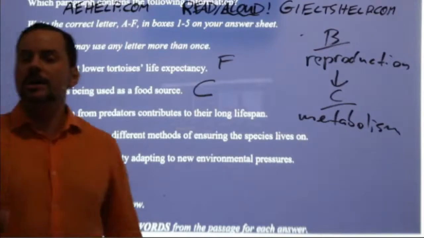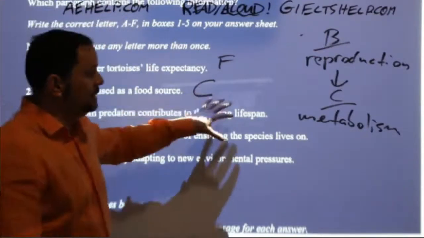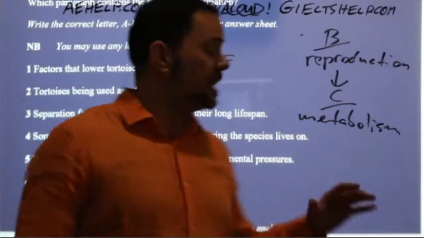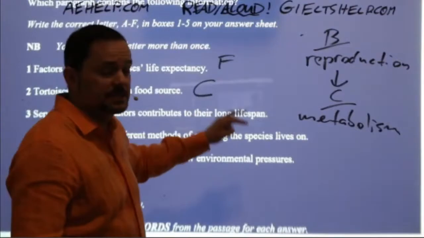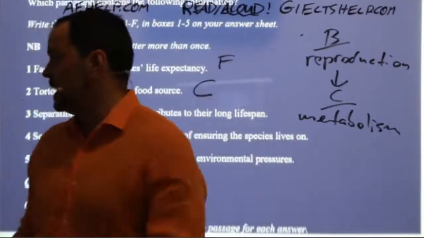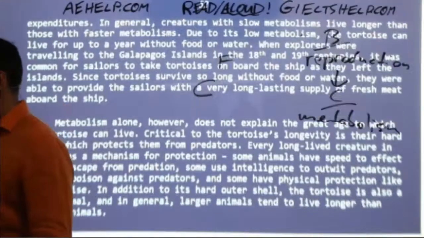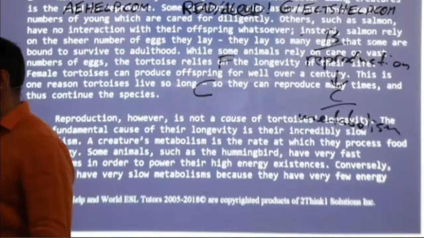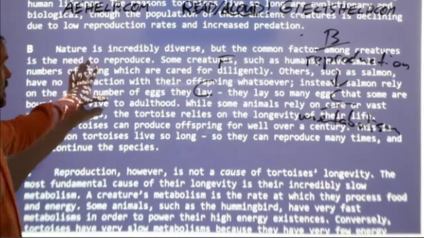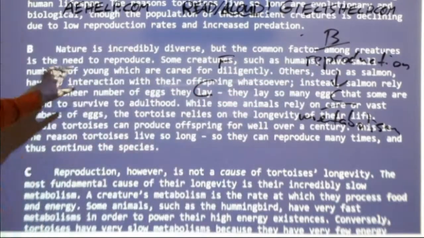But worry not, students, if you're like, okay, well, it was maybe C or maybe D. That's fine. If you can kind of pin down this type of question to 2 paragraphs, you're on the right track because you can check really quickly in the passage to make sure. So I know a lot of you are going, well, maybe B, maybe C. Some of you are going maybe C, maybe D. So if you're the B, C type person, then you look at B and you go, okay, nature, common factors, creatures, reproduce.